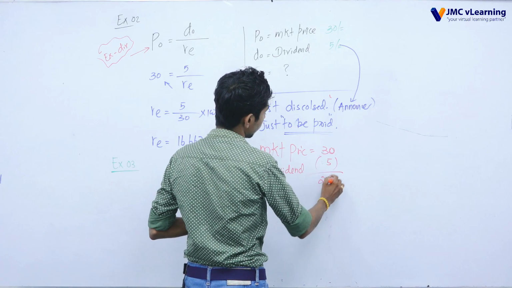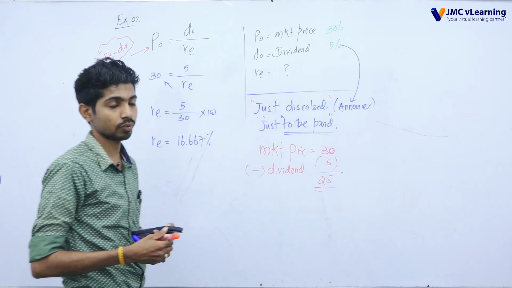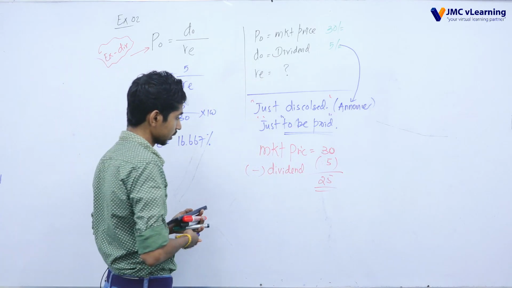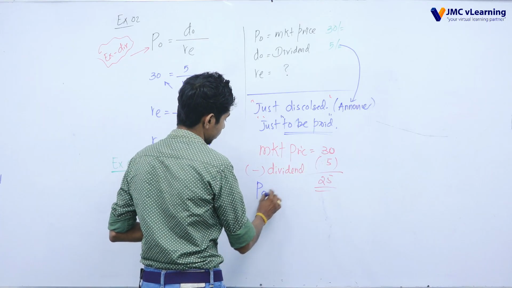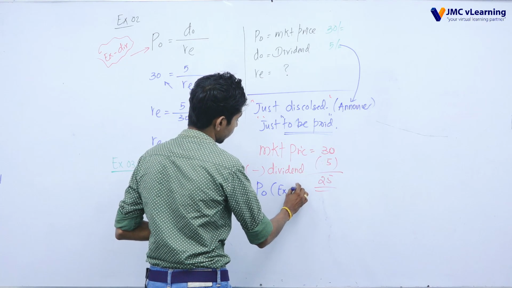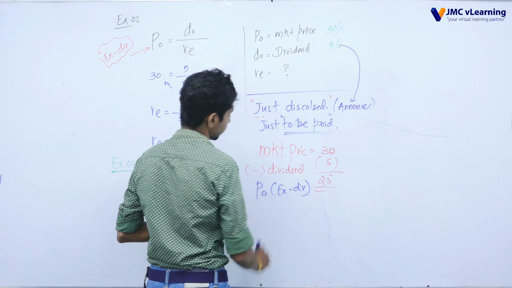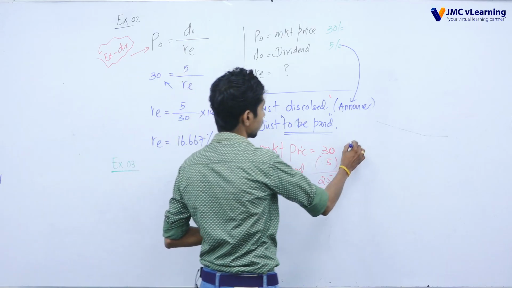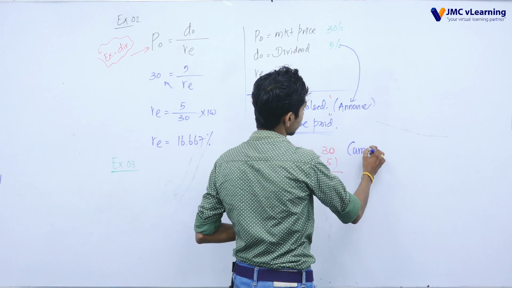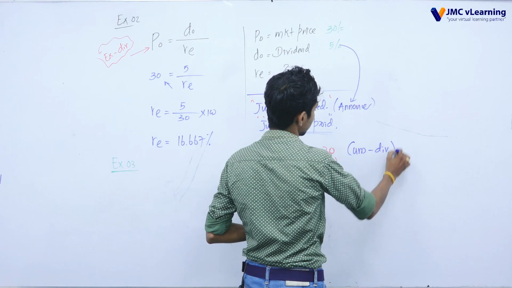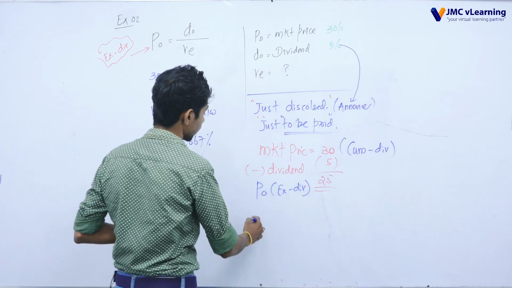Then what is the normal price? 25, that is the market price, that is the P0. Normally it is the ex-div price. Here we call the other the cum-div price, cumulative dividend price: cum-div and ex-div. Normally we take the ex-div price into calculation.